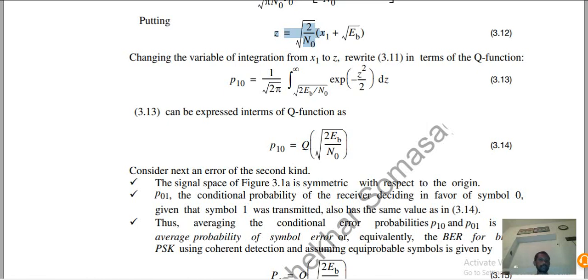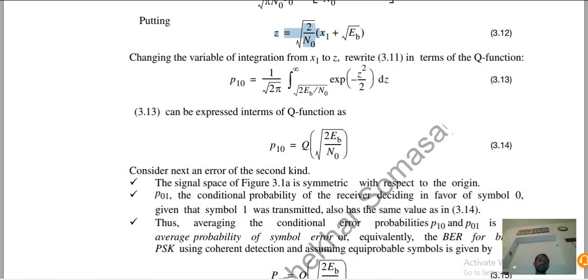Consider next an error of the second kind. That is what we did for the first kind, where we transmitted a 0 but symbol 1 occurred. In a similar way, as in figure 3.1, which we have already discussed, it depends on the zone. That is P01: we have transmitted the symbol 1, which is decided in favor of 0.